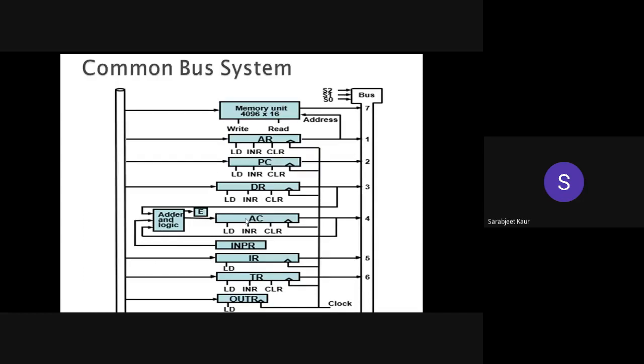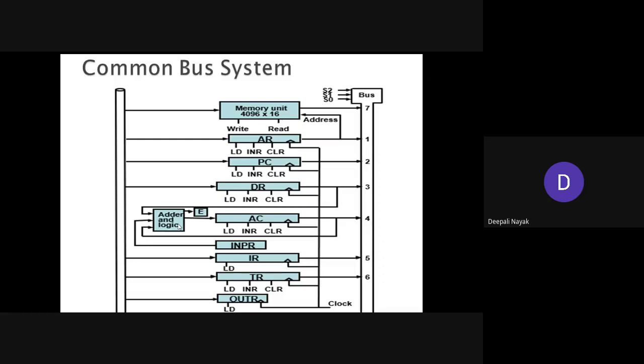This is associated with the accumulator. What does this do? As I told you, this is part of the arithmetic logic unit. All the operations that it does, you can see that it directly communicates with the AC. So AC is not only connected with the common bus, its output is also going to this adder and logic circuit. Can you see that? Yes, ma'am.